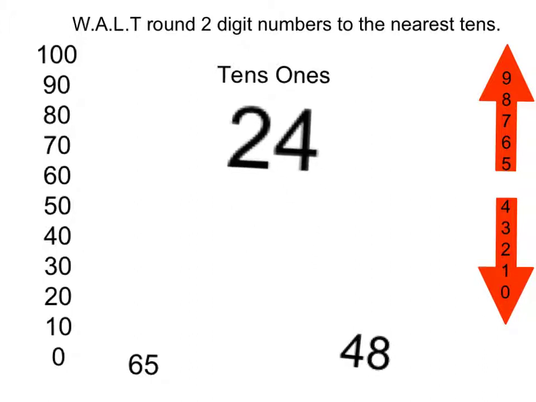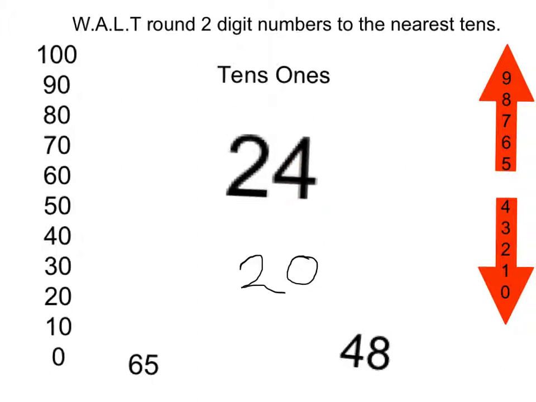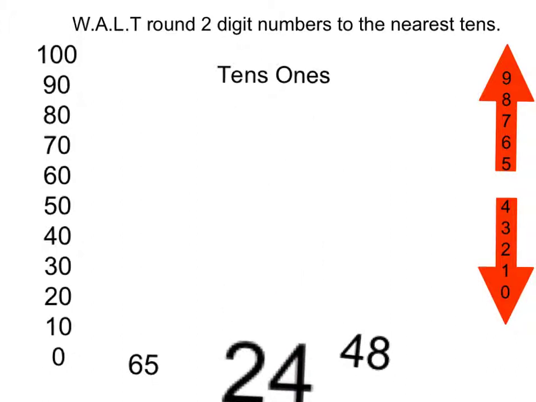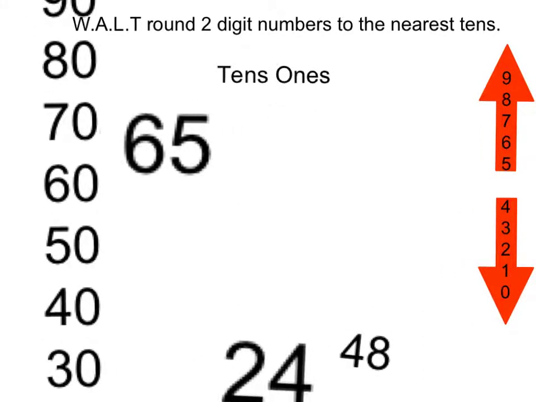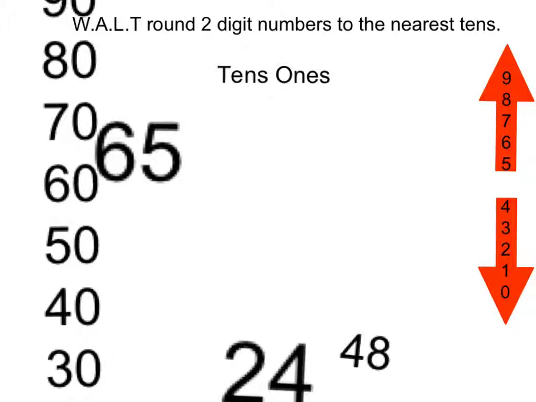So let's have a look at another number and see how that works. We have 24 here. Let's look at the number in the ones column, and as you can see, it's in the arrow pointing down. So 24 rounded to the nearest ten would be 20. Now, if we were to have a look at another number such as 65, you would probably recognise that 65 goes right in the middle between 60 and 70.